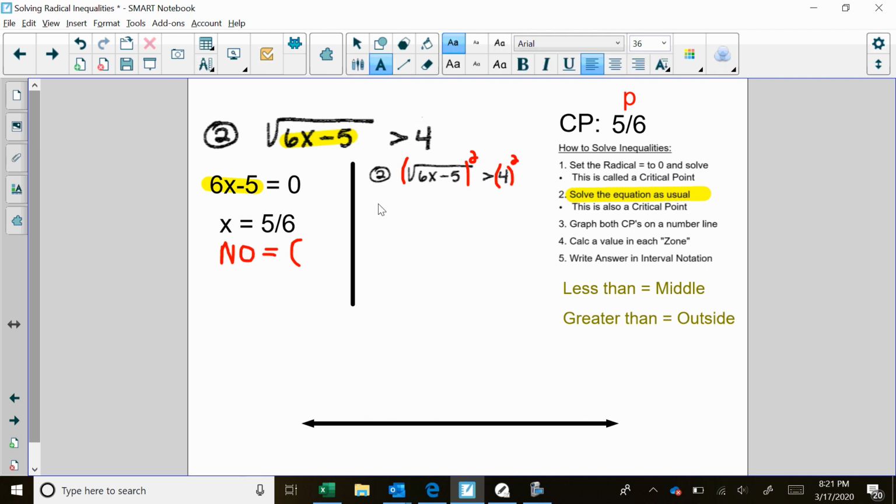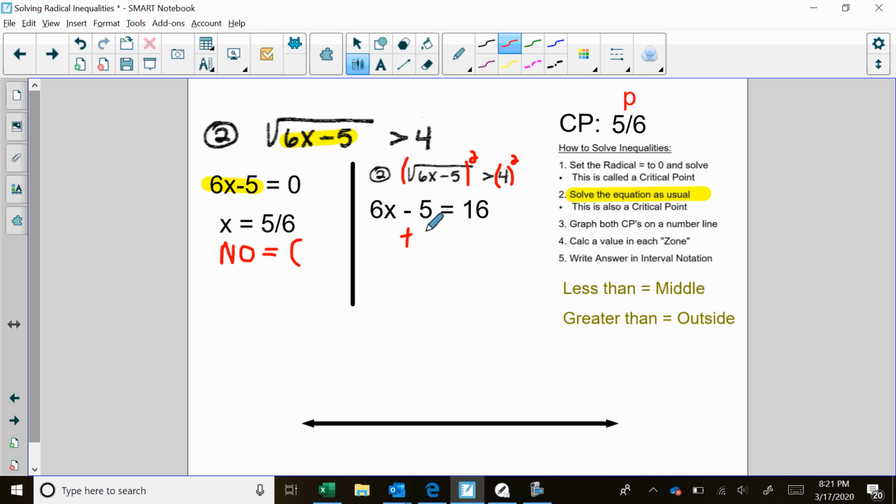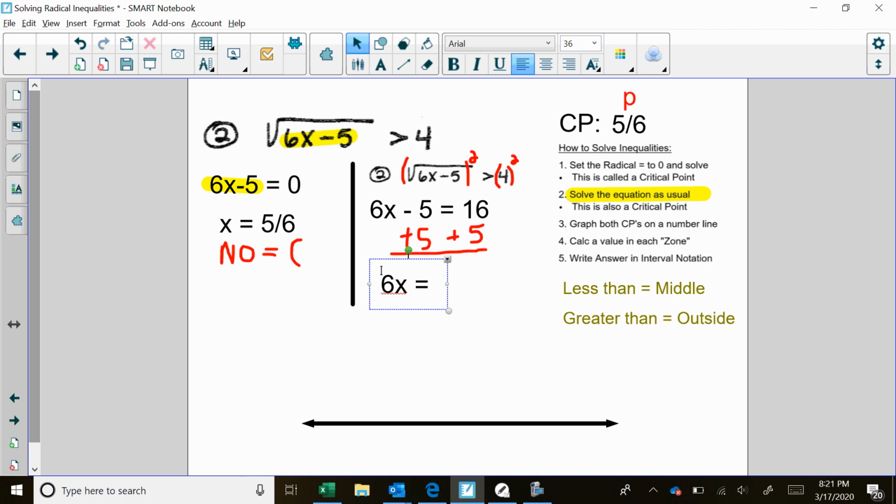That leaves us with 6x minus 5 equals 4 squared, 16. Keep solving the equation: plus 5, plus 5. It doesn't work out perfect. Neither is this school year, so we just do the best we can. That equals 21.